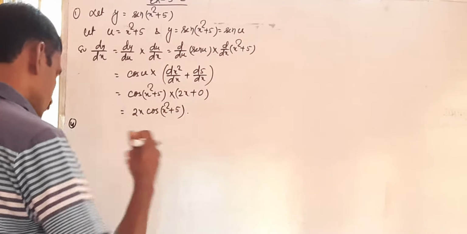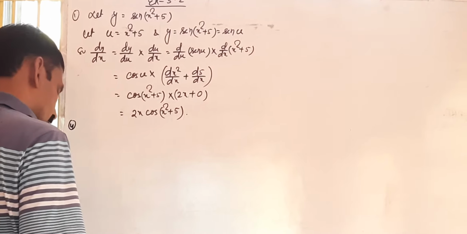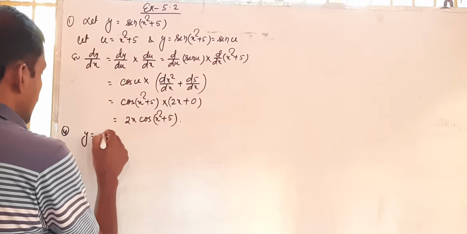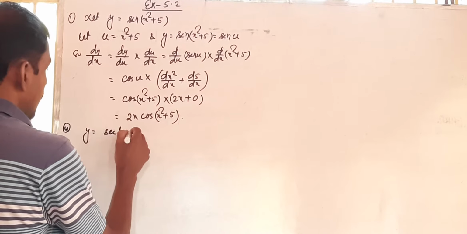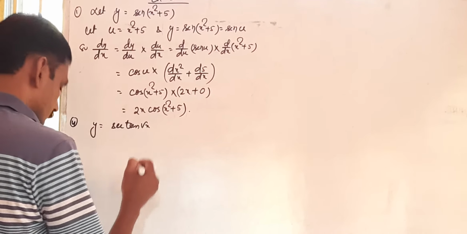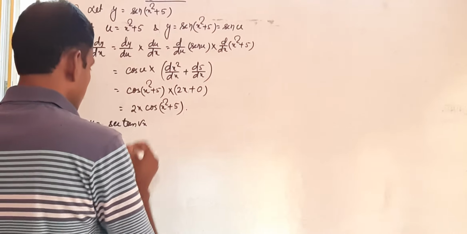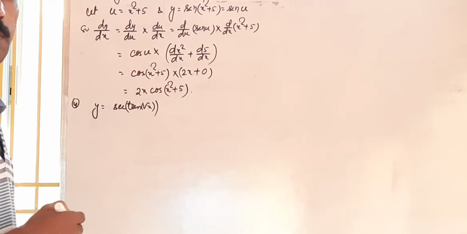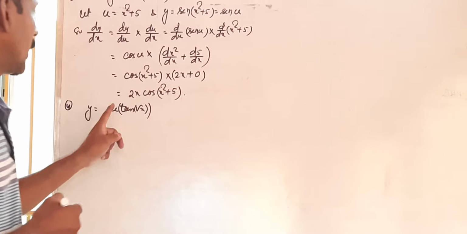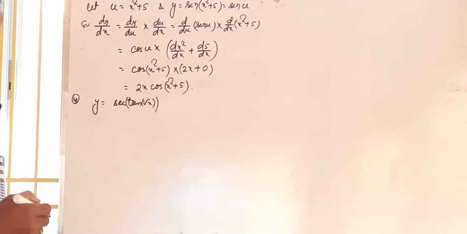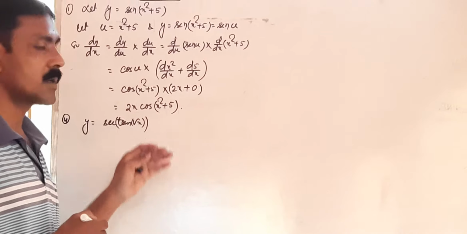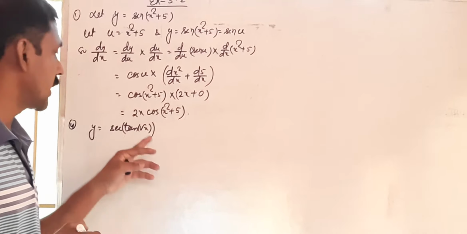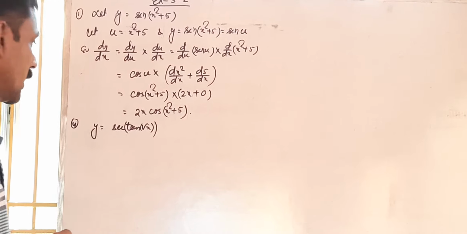Question number 4 is y equals sec tan root x. Sec tan root x. How many functions are there? Here 3: 1, 2, 3. But actually there are 4 functions: 2 trigonometric, 2 algebraic. One algebraic is x, another is its power.